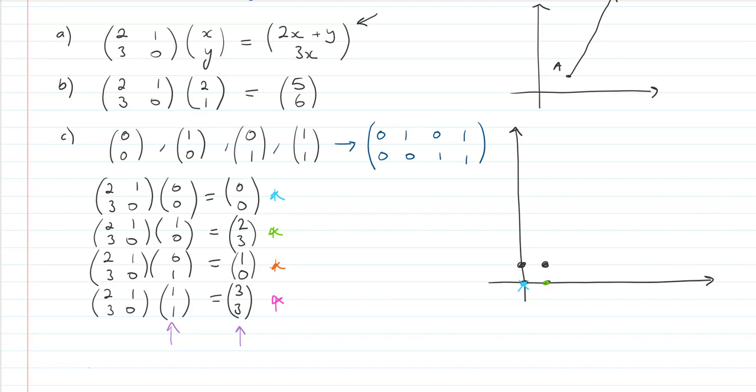It now goes to 2, 3, it's there. I'm going to use a cross. Then this orange one here started at 0, 1, which is here, and it went to 1, 0, which is actually there. So that's interesting. And then we've got this pink one. 1, 1 started here, went out to 3, 3.